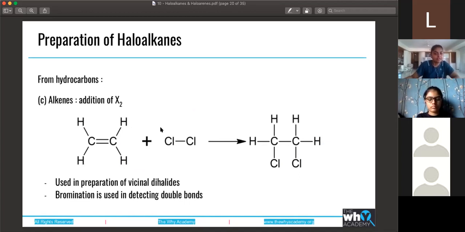Instead of HX, if you react with X2, each X atom gets added across the double bond. Because both are the same atom, there's no Markovnikov effect. You get vicinal dihalides because two halogen atoms are added across the double bond. This reaction is special because it is used to test unsaturation.